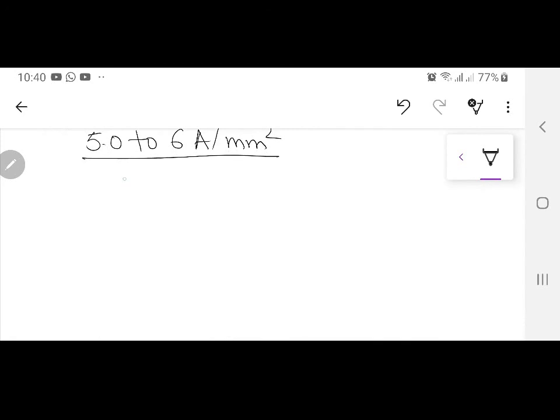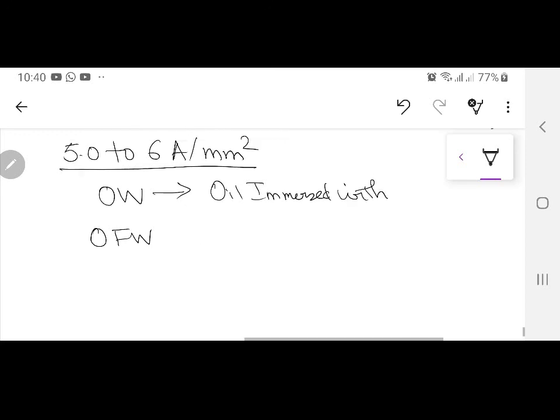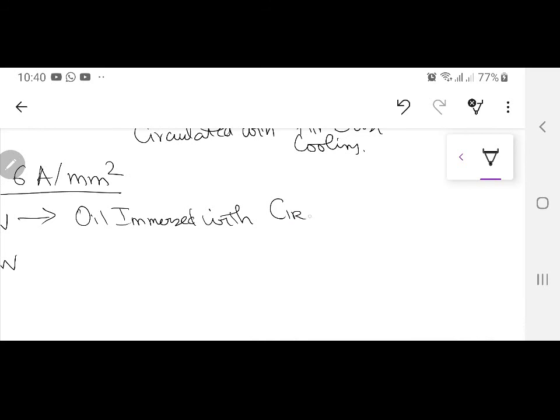And in this case you have OW and you have OFW. What is O? This is oil immersed with circulated water cooling.